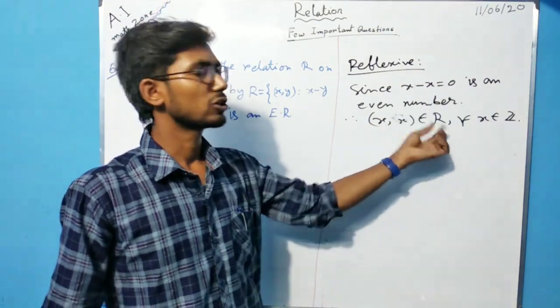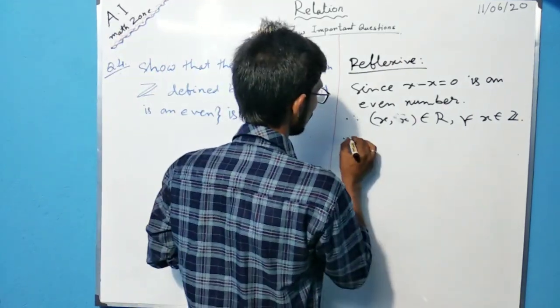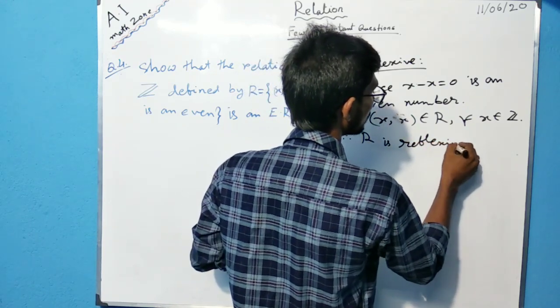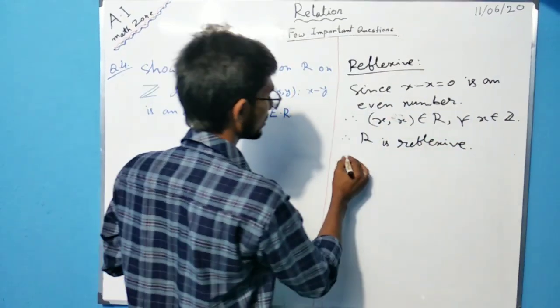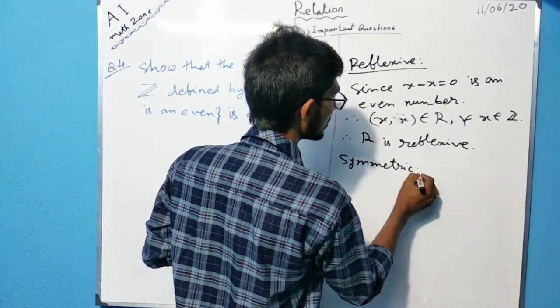That's why x belongs to R and hence R is reflexive. Therefore R is reflexive.